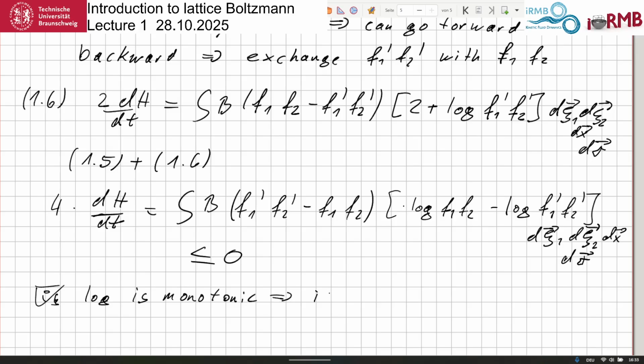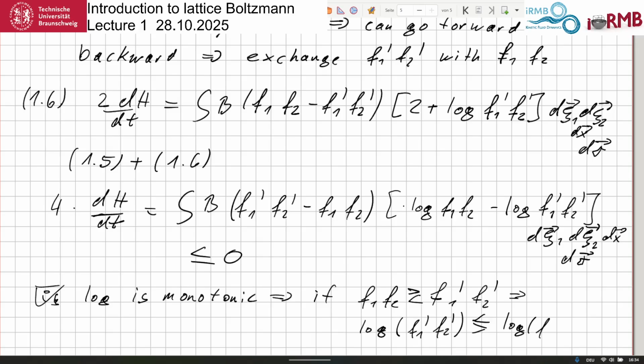So if f1 f2 is either larger or smaller than f1' f2' after collision, then this is also the case for the logarithm because it's monotonic. Now f1' f2' is the opposite: this is smaller or larger than log f1 f2.